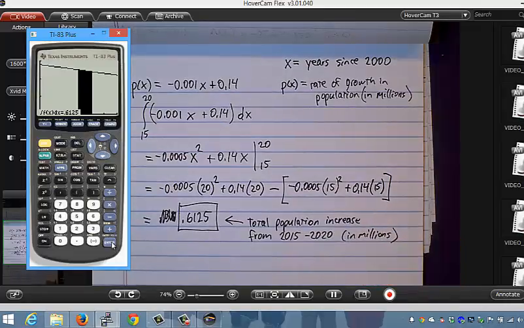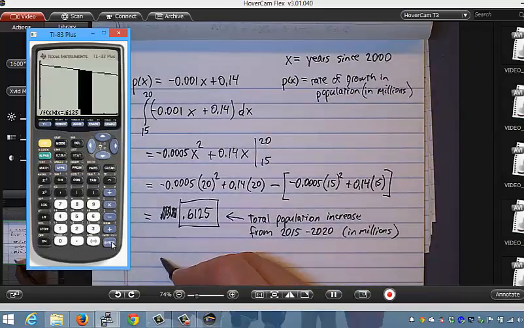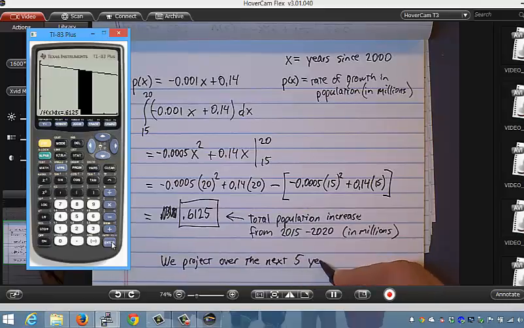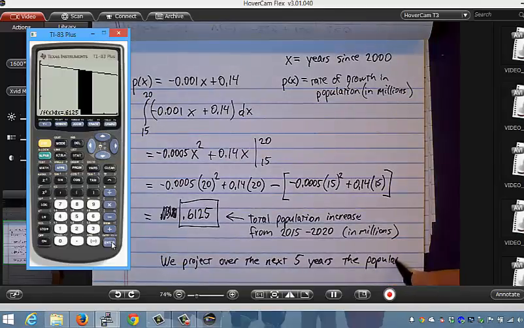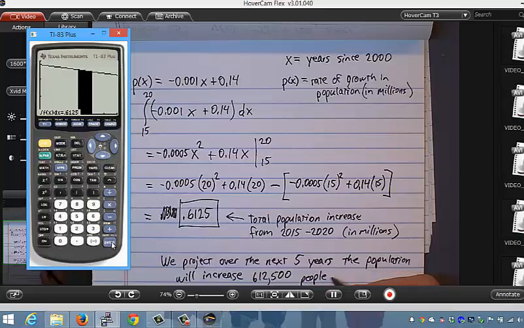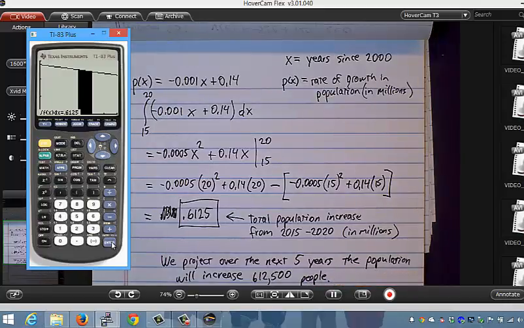So if I had to interpret, how would I interpret? I would say we project over the next 5 years the population will increase how much? Well, since these are millions, why don't I say 612,500 people. Does that make sense to people?